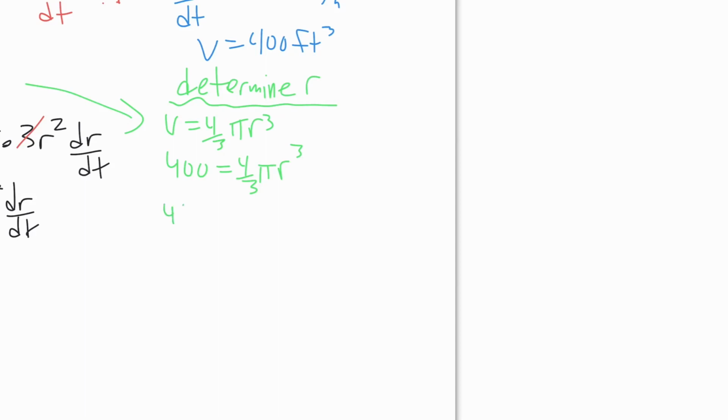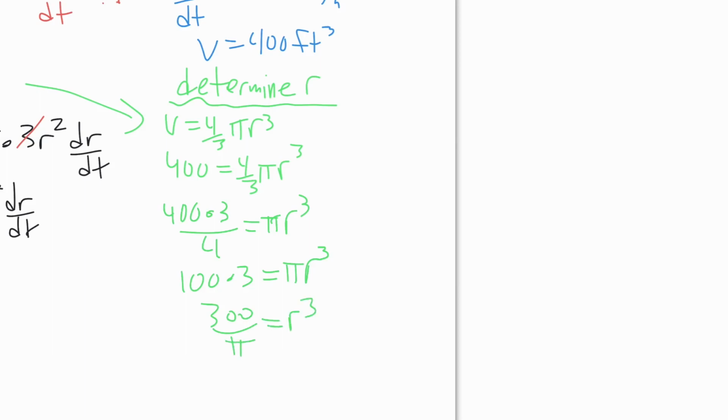So we're going to get 400 times 3 divided by 4 equals pi r cubed. The 4 and the 400 can reduce to 100 times 3 equals pi r cubed. So we'd have 300, we can divide by pi. And then we should probably cube root. So r equals the cube root of 300 over pi. Not a nice number, but we were able to determine r.